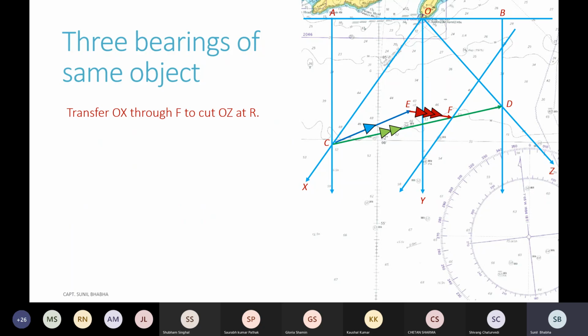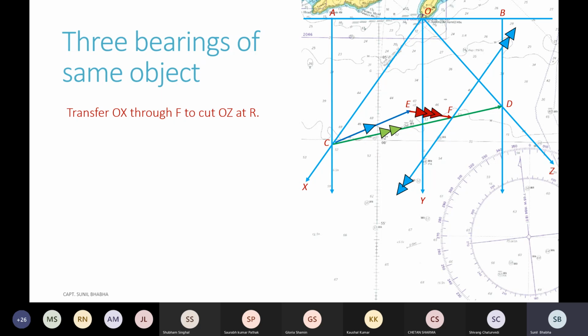So I have transferred my first bearing line through F now. Now you can see this bearing line, transferred bearing line on the chart. Let's mark it with 2 arrows on both the sides. This is the symbol for a transferred position line.